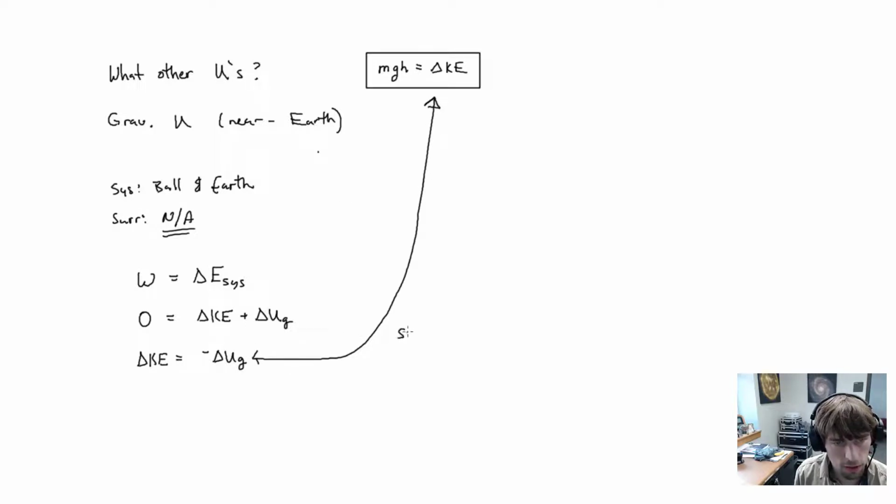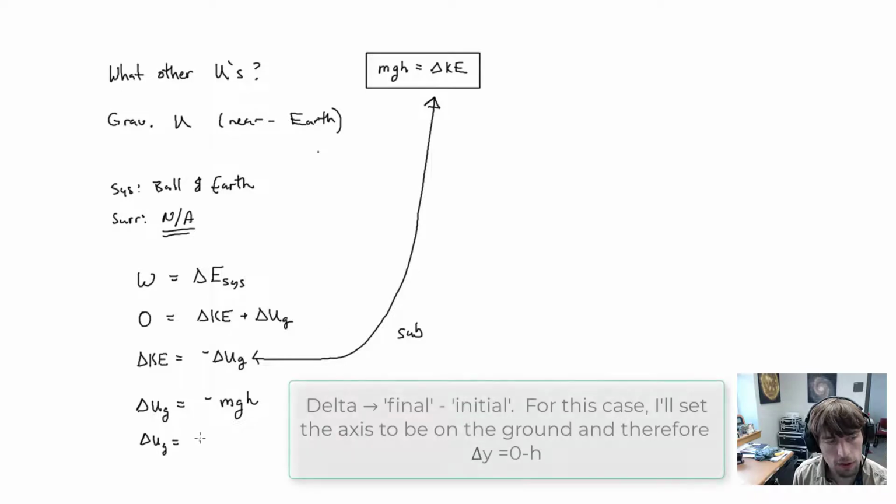Let's just go ahead and substitute. And so I get the change in gravitational potential energy is given as negative mgh. Or, more generally, we'd say our change in gravitational potential energy is equal to mg delta y.